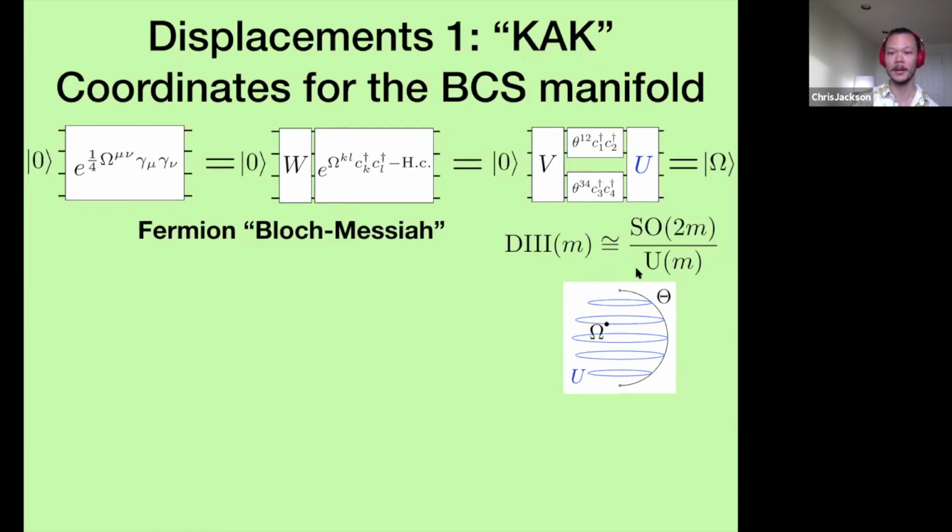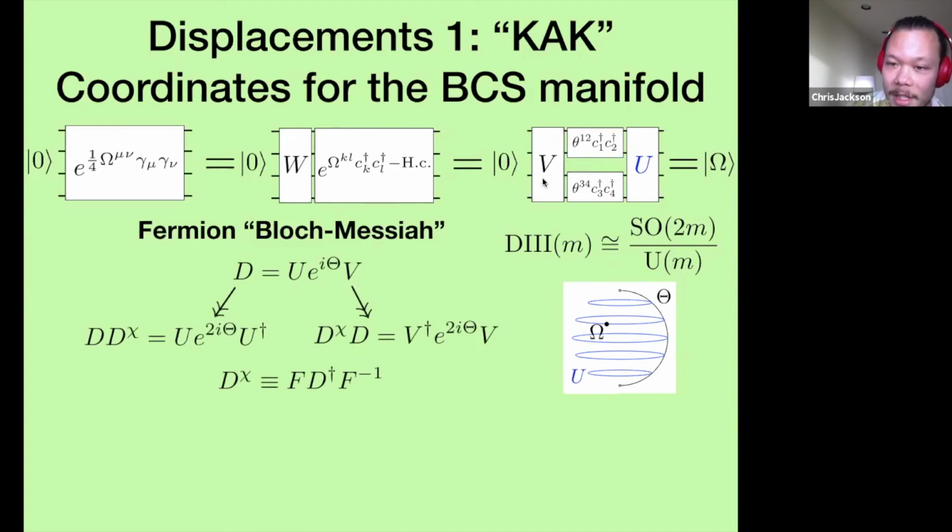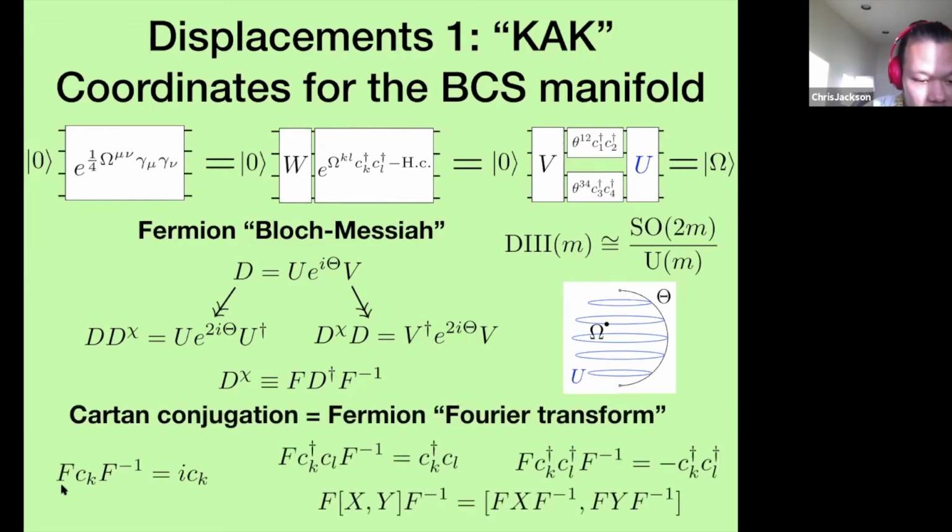All right. So you may notice this looks like a singular value decomposition. And so you can calculate its parts in exactly the same way that you calculate the parts of a singular value decomposition, except that the conjugation is not Hermitian conjugation. Rather, it's Hermitian conjugation followed by group conjugation by a special element. This element is very physically meaningful.